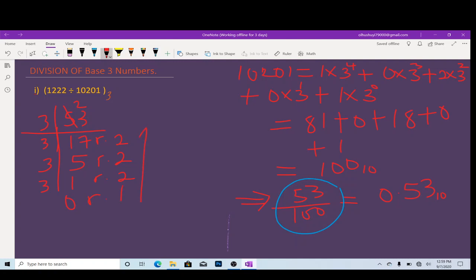So drawing it up, we have 1, 2, 2, 2 in base 3. Sorry about that.